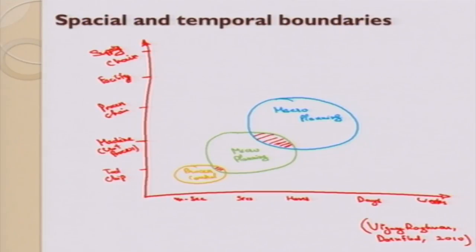So who takes the decision? The process control decisions are taken by the machinist. These are taken by the supervisor. So these macro planning decisions, who takes them? These might be taken by the shop manager.